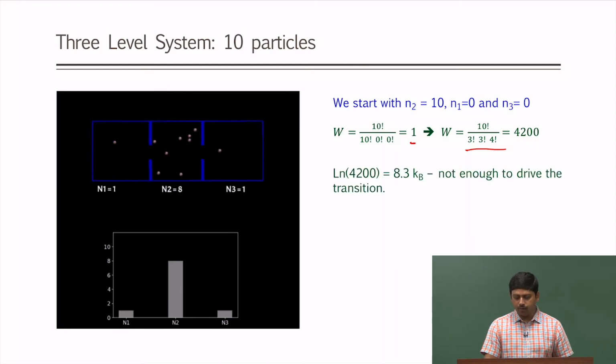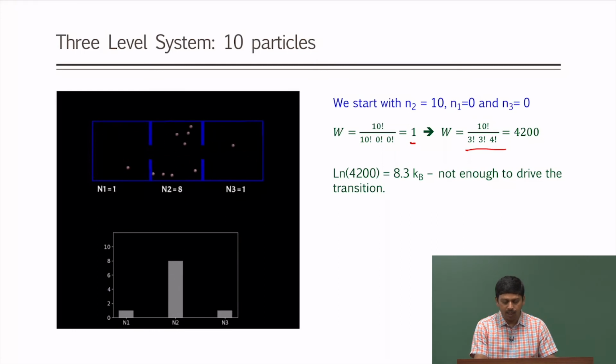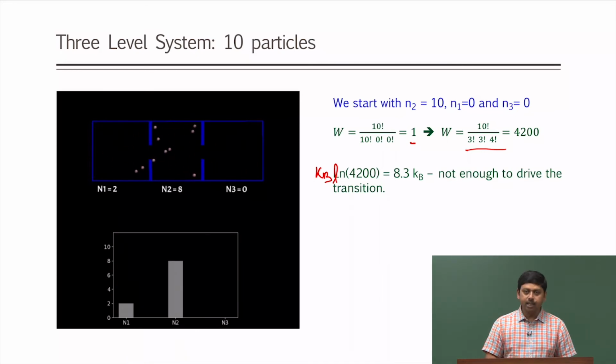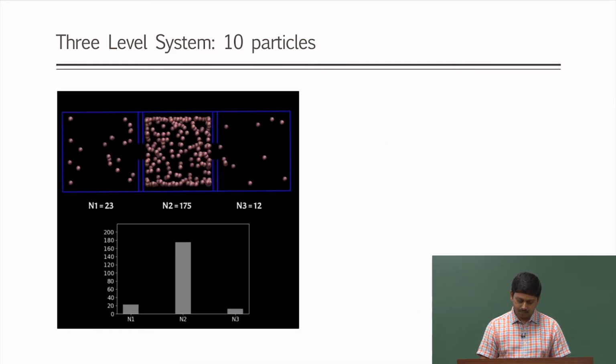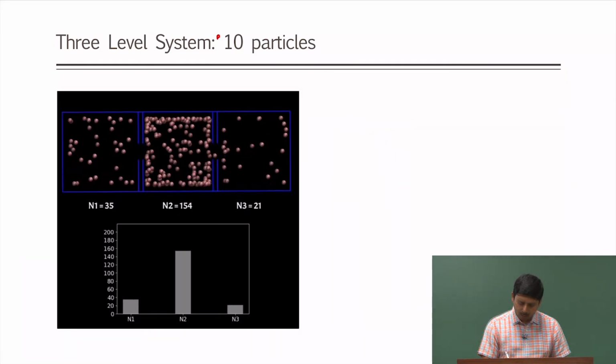It is not that great of a number yet, it will give you only 8.3 kb, not enough for really distributing them equally, and that is why you can see some boxes remain empty. Let us do the same thing with a larger number of particles. So the number of particles is 210 here.